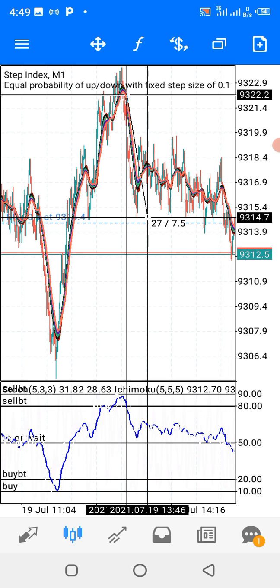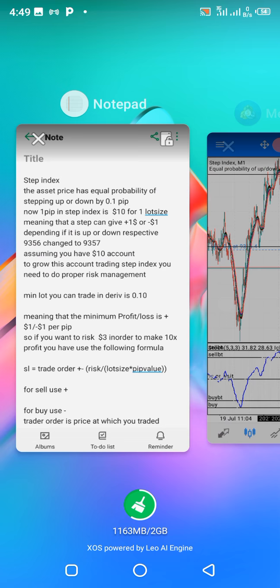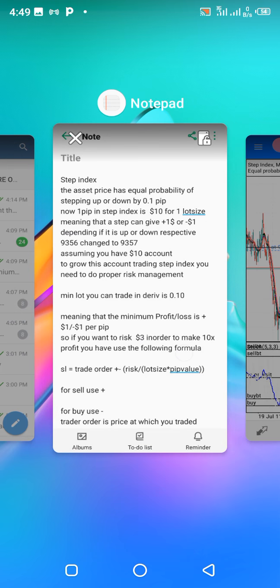As a small account holder of $10, you can just trade the minimum, which is 0.1. So if you trade a 0.1 lot size, what does it mean?